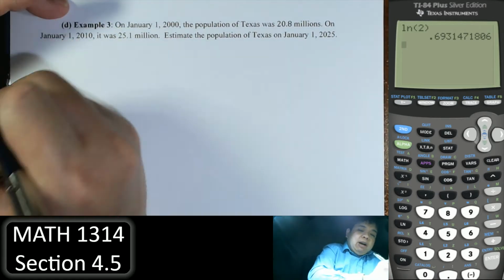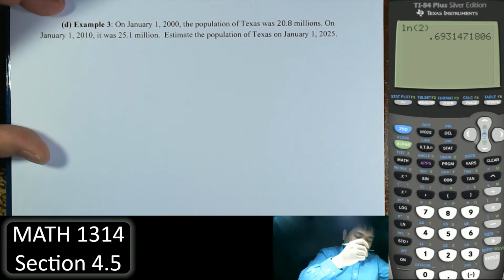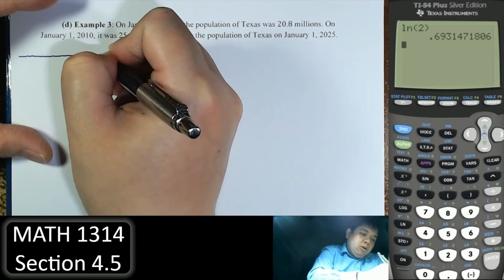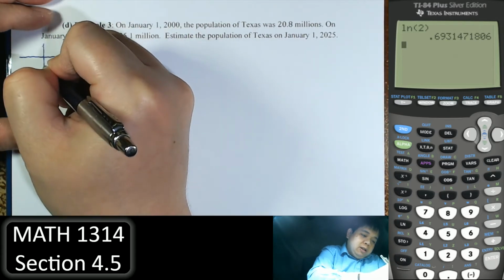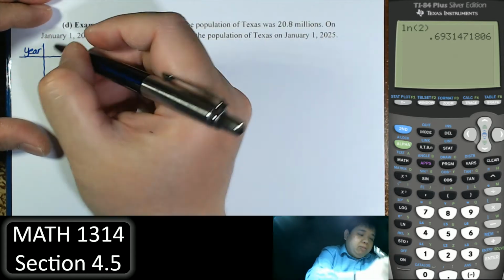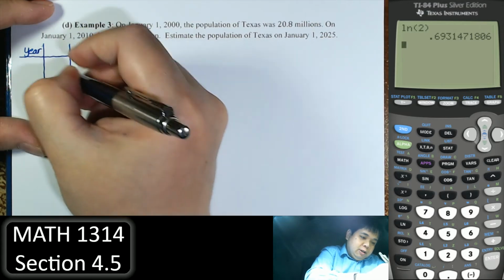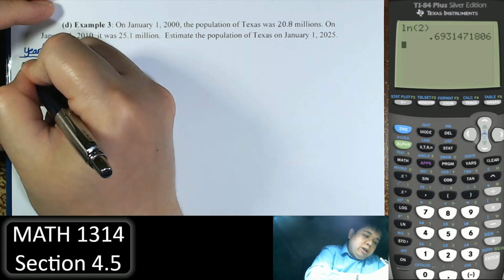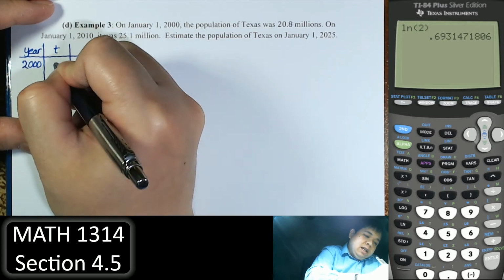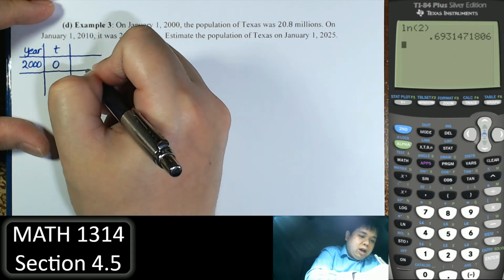Now, for every type of exponential growth or exponential decay, I'm going to draw a table like this, just to summarize the data that we have. In the year 2000, let t be 0. So we choose t to be 0 corresponding to 2000.